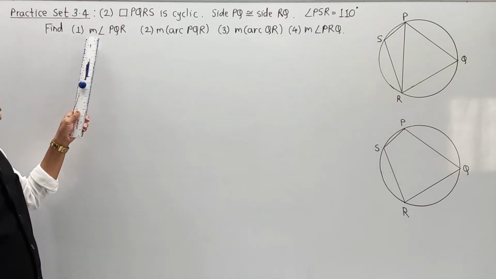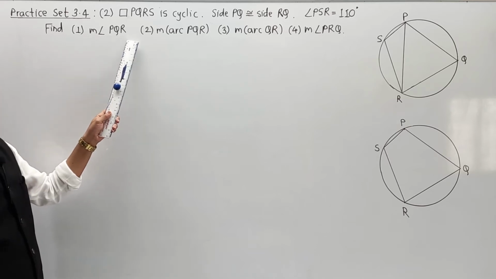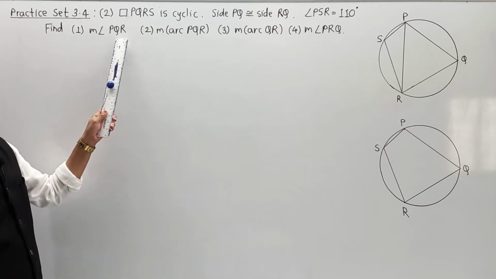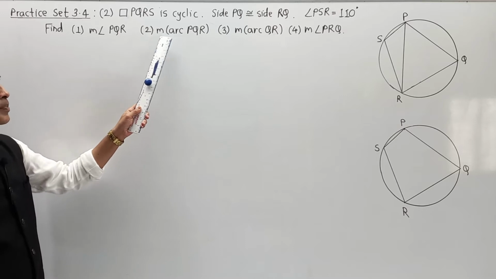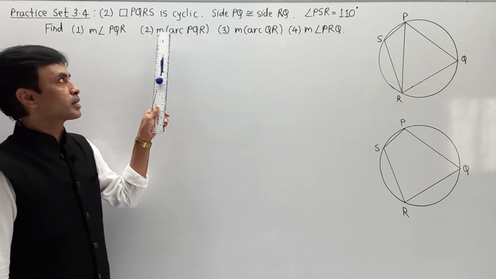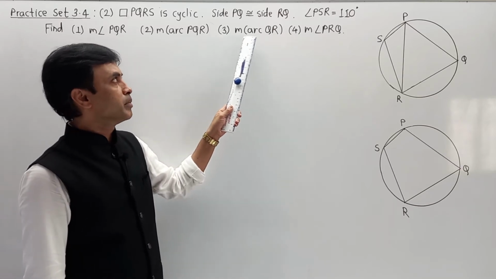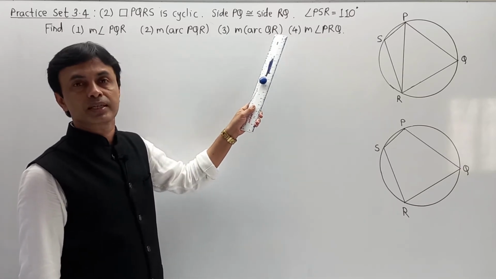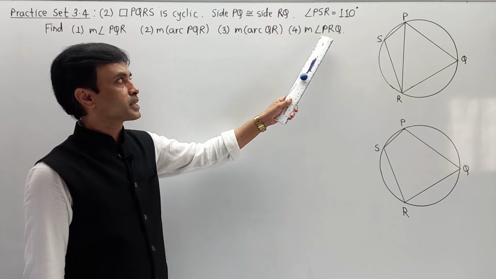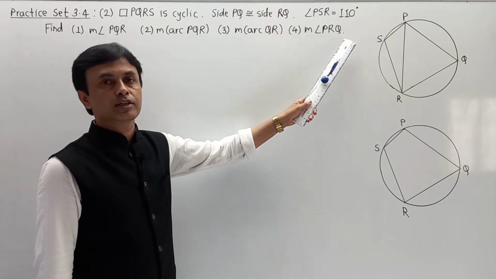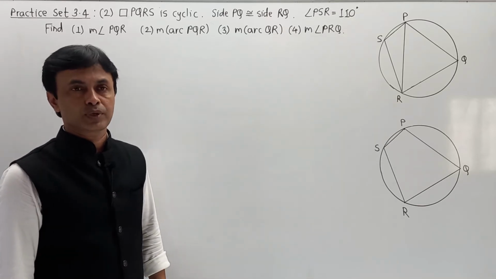Find first, major angle PQR. Means first of all we have to find major angle PQR. Second, major arc PQR. Third, major arc QR. And fourth, major angle PRQ. Means we have to calculate 4 values over here.